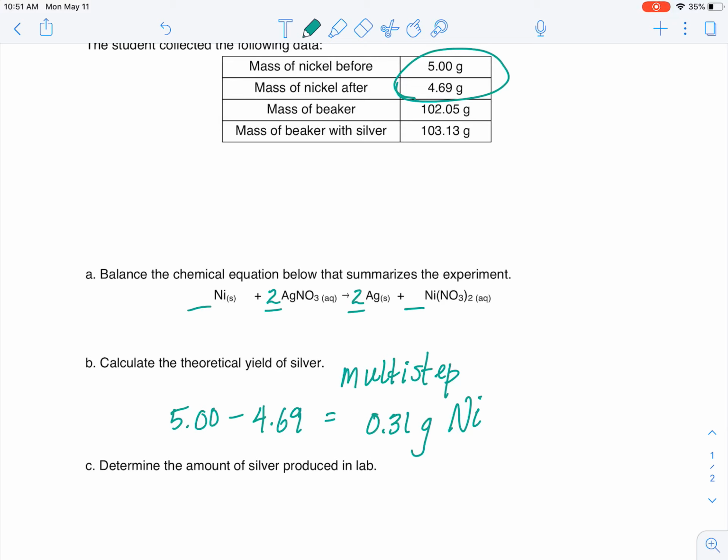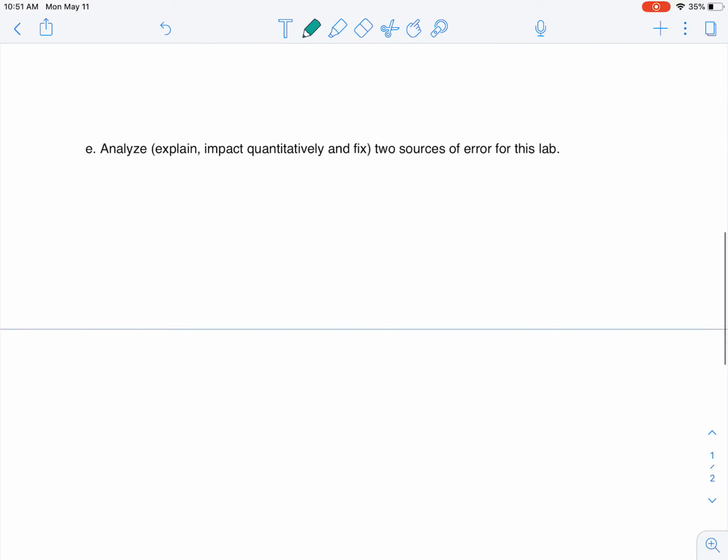So we're going to convert grams of nickel to grams of silver, but we can't do that without relating the two with moles. I'm going to do that on the next page because I'm going to run out of space here. So I'll rewrite my balanced chemical equation for you.